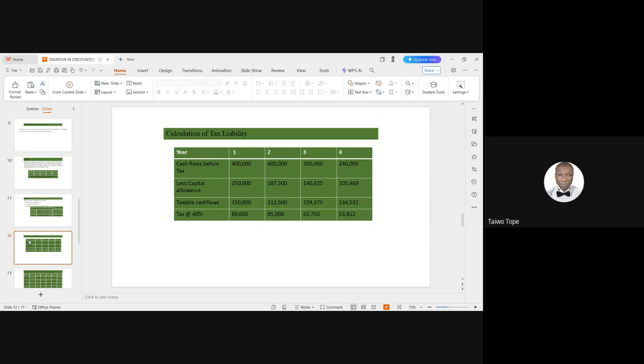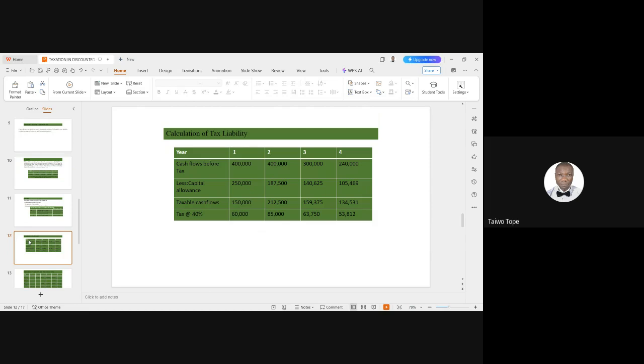In year three, cash flow before tax is 300,000. To determine the taxable cash flow, you deduct your capital allowance of 140,625, and you have a taxable cash flow of 159,375. And in year four, 240,000 is the cash flow before tax. Less 105,469, you have 134,531.